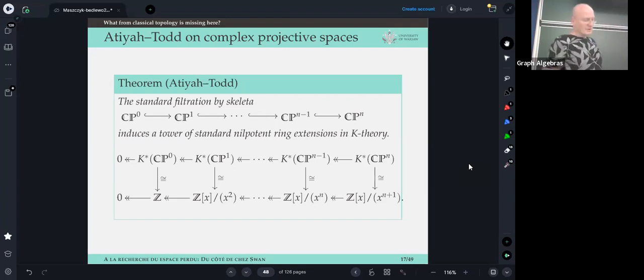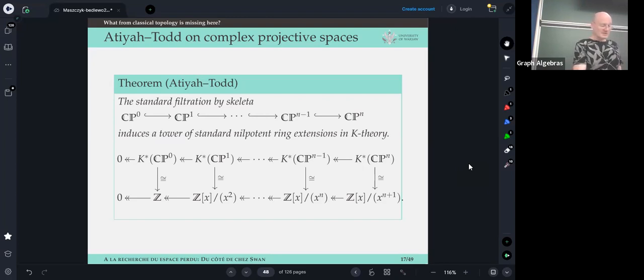Okay, so everything in this topological picture depends on the representation theory of U1 and the free action of U1 on odd dimensional spheres. But it didn't say which representation.